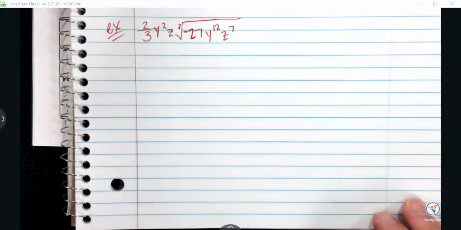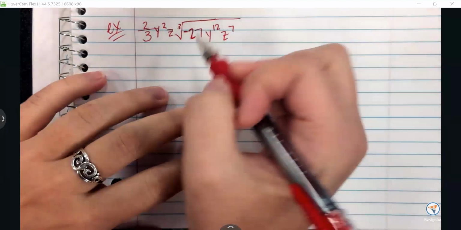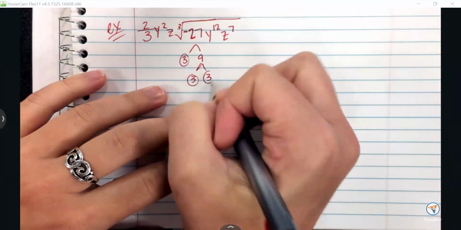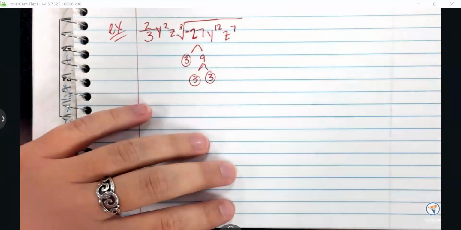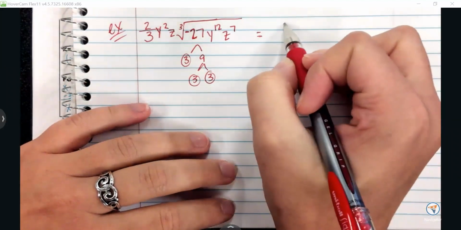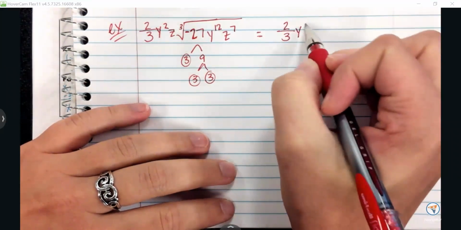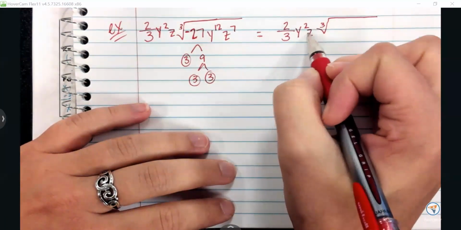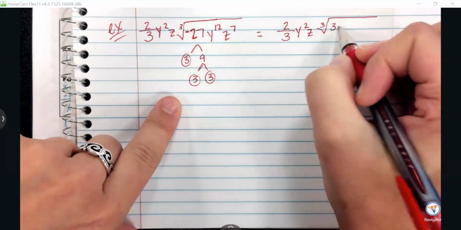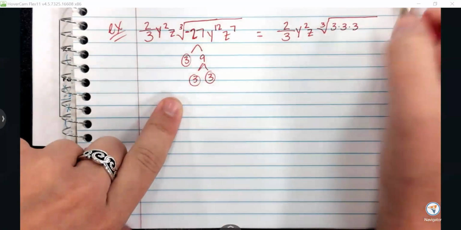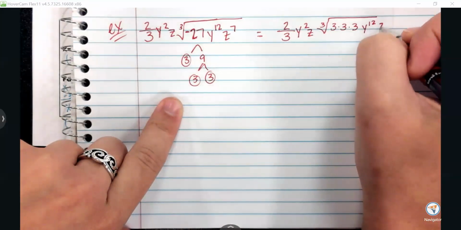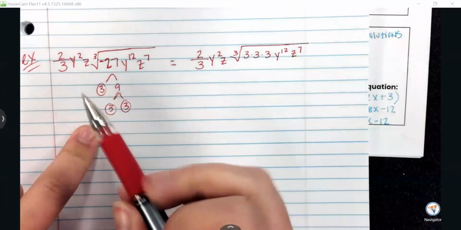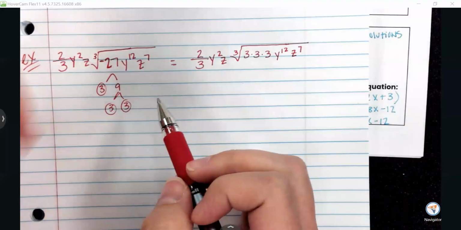So my 27 breaks down 3 times 9 and then 3 times 3. So if I would like to rewrite all this a little bit nicer, have the cube root, and then I have 3 times 3 times 3, y to the 12th, z to the 7th. Now, what happened to the negative inside?